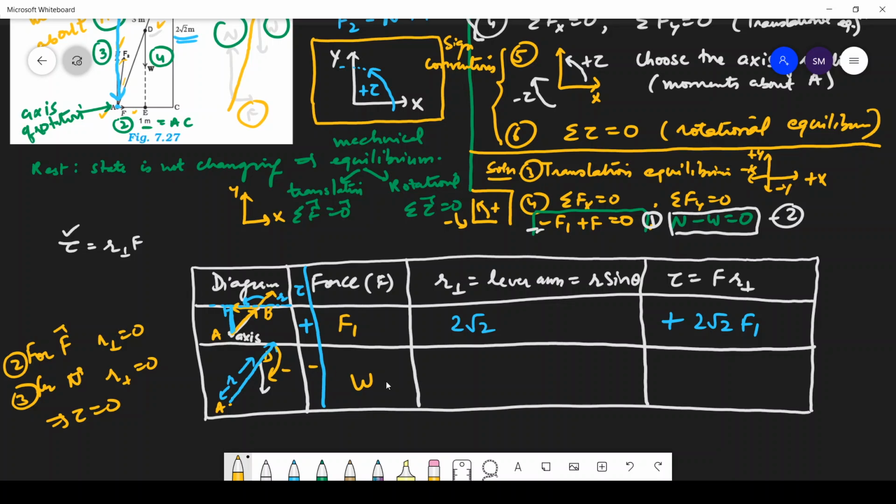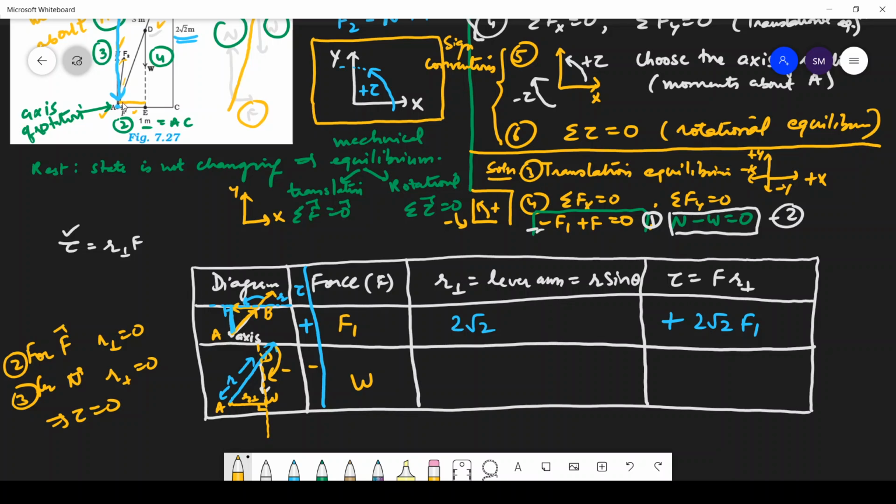So this is negative. Now the force is W here, and what is the perpendicular distance? This is your line of action, and this is your axis of rotation. Draw a perpendicular over here, so that is your R perpendicular. What is the distance here?